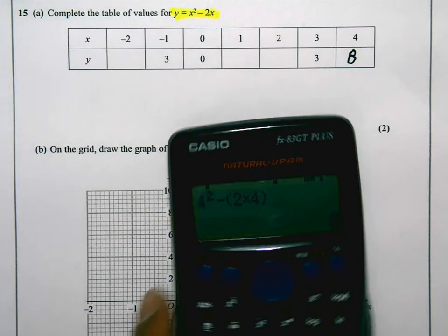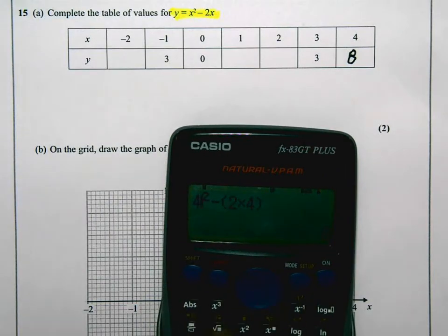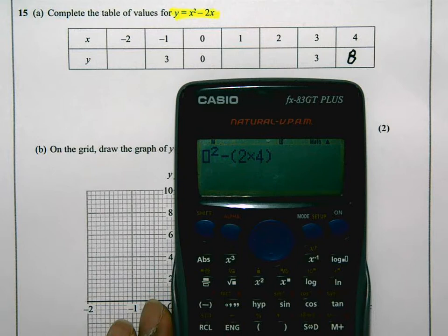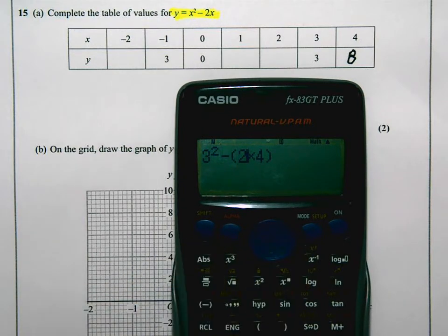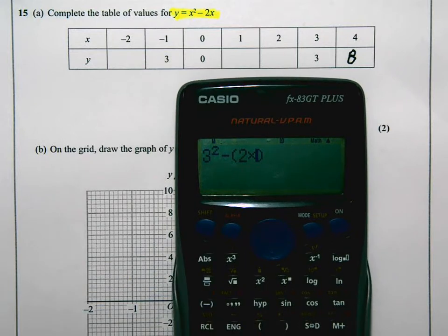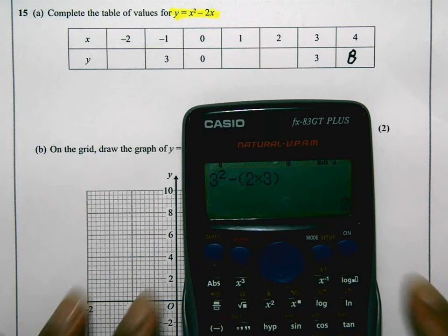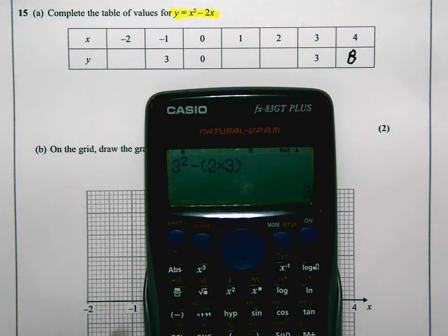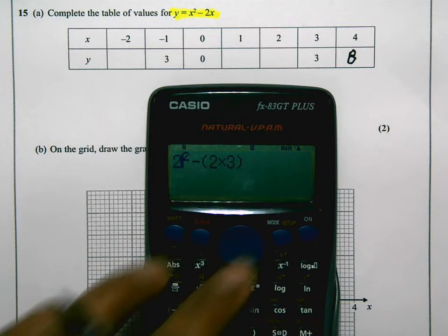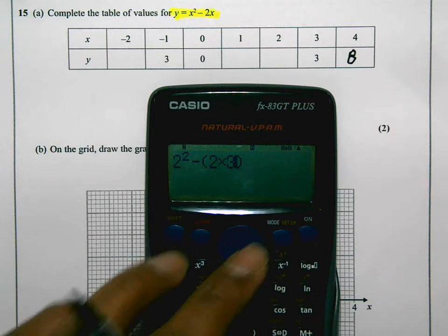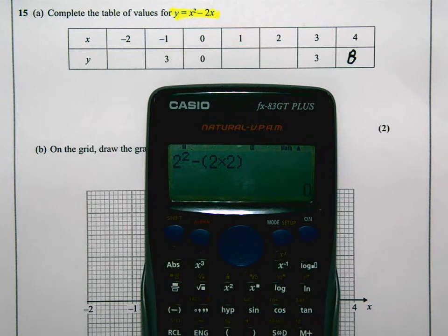I'm going to try the 3 just so that I can show that it is all correct. So that's going to be 3 squared minus 2 times 3 equals 3, and that is correct. For 2, I'm going to put 2 squared minus 2 times 2 equals, and that's going to give me 0.